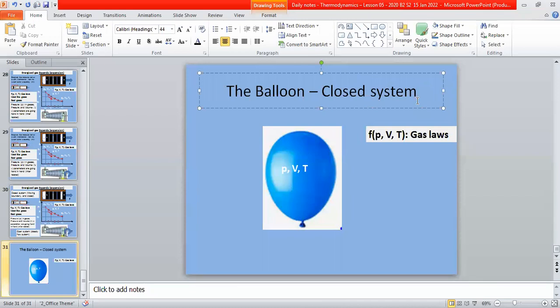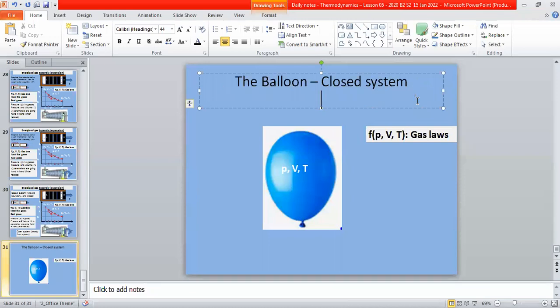Now, at normal temperature, you cannot press the balloon. So here, you feel the pressure. Volume is there. Temperature is here. Other than that, there is some mass, the air or gas inside.